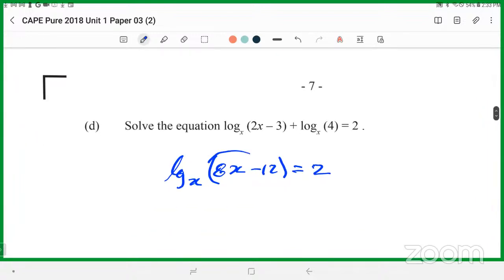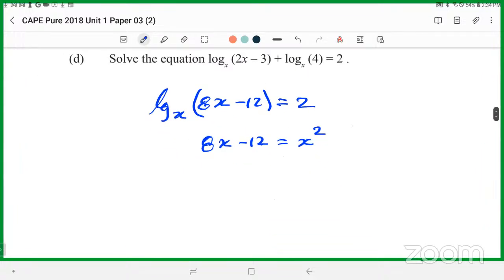So this number equals this base raised to that power. The number equals the base x raised to the power 2. So we have 8x minus 12 equals x squared. So it becomes a quadratic. I'll transpose these and I get x squared minus 8x plus 12 equals 0.